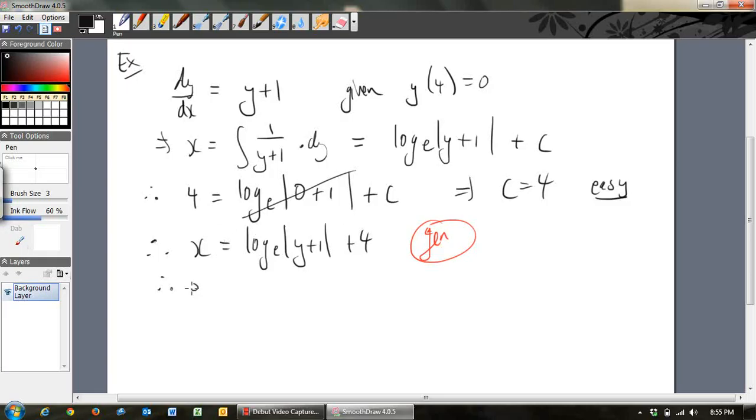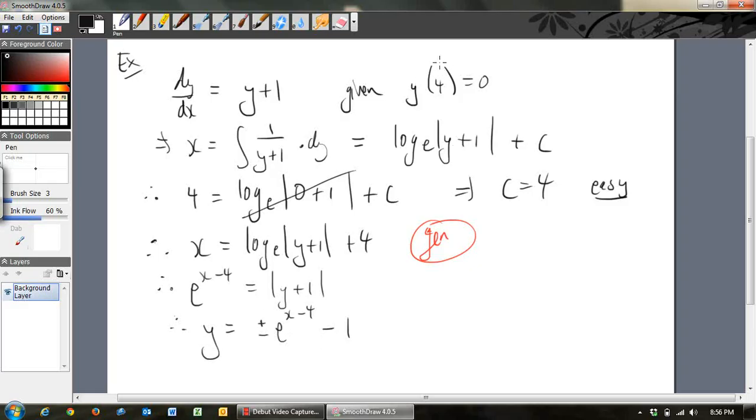We'll have x minus 4, so e to the x minus 4 equals modulus y plus 1. Therefore y is equal to plus or minus e to the x minus 4, minus 1. That'll be your solution. Now, at this point, you go, well, is it positive or minus? We don't know, do we?